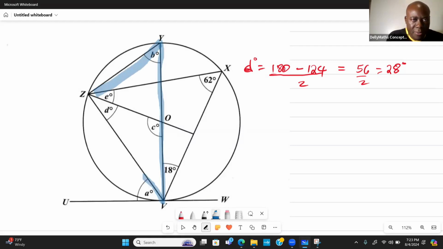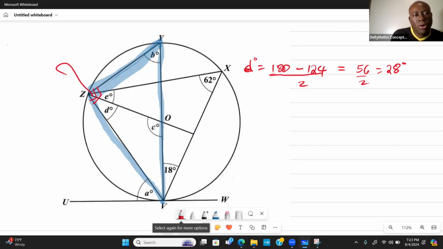So look at this triangle VYZ. Now, one of the theorems suggests that an angle formed in a semicircle is 90. So that angle right there is 90 degrees, and that's one of our tickets out.